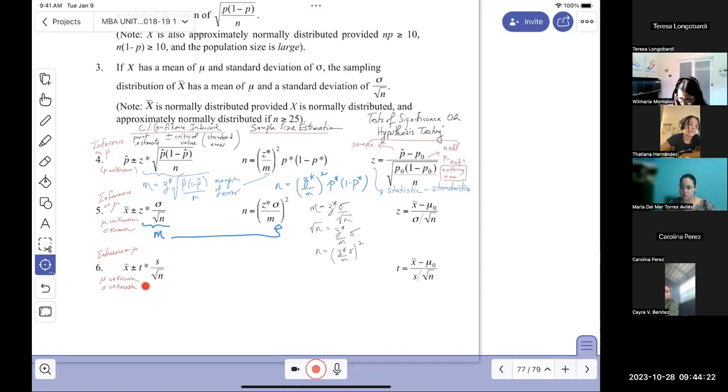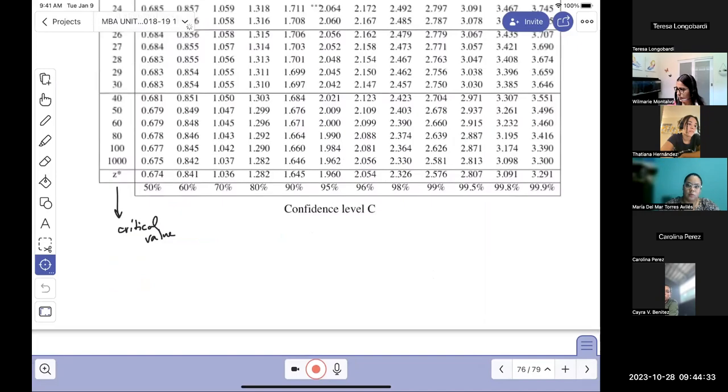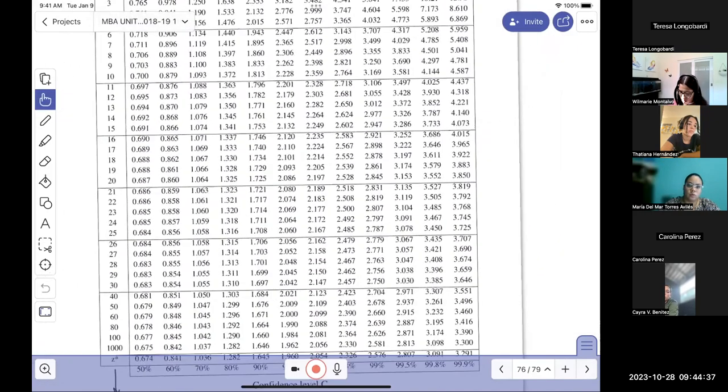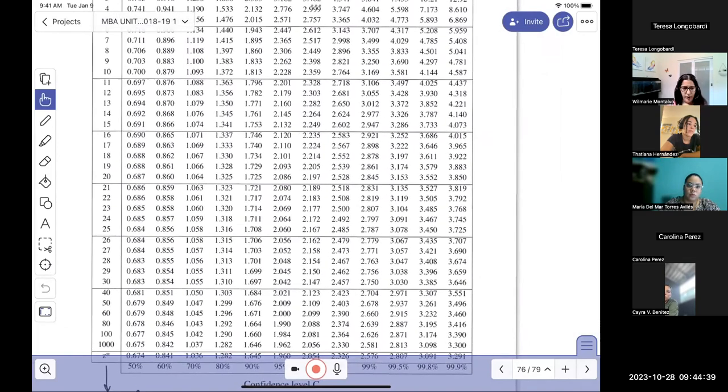The price to pay is that we moved from the Z distribution, the standard normal, to the T distribution, which looks very similar.